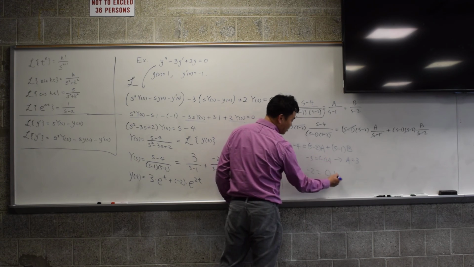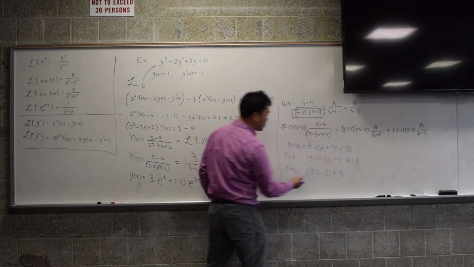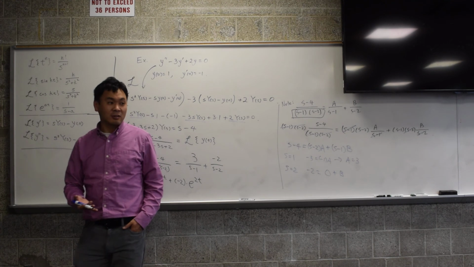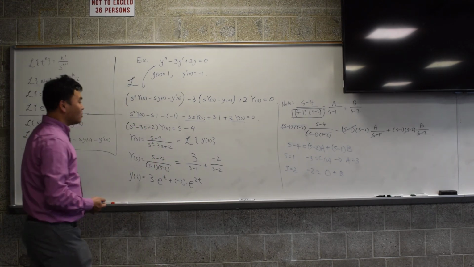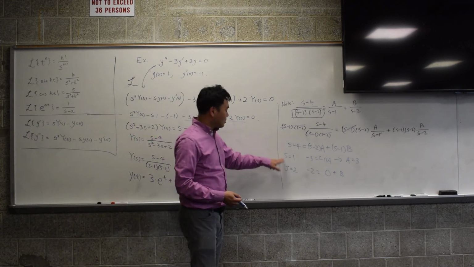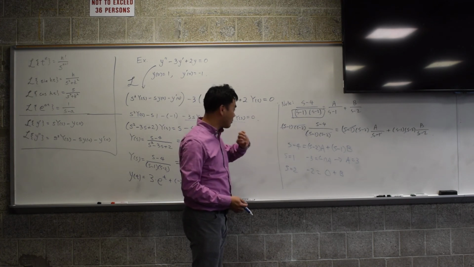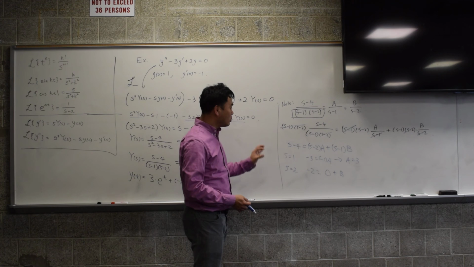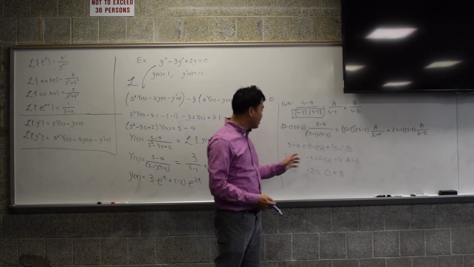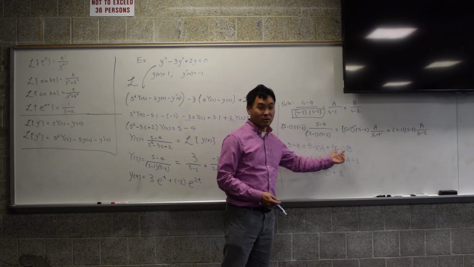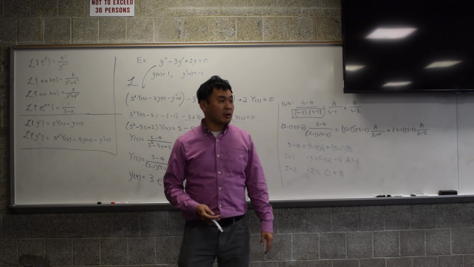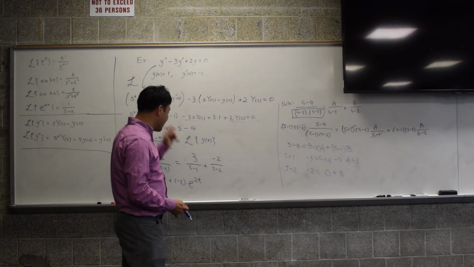And 2 minus 1 is 1, so you get b. b equals negative 2 is immediate. Right? So you can use this fact that they're equal as functions, and therefore you're free to plug in whatever. Usually you want to plug in the values that will make some of these equal to 0.